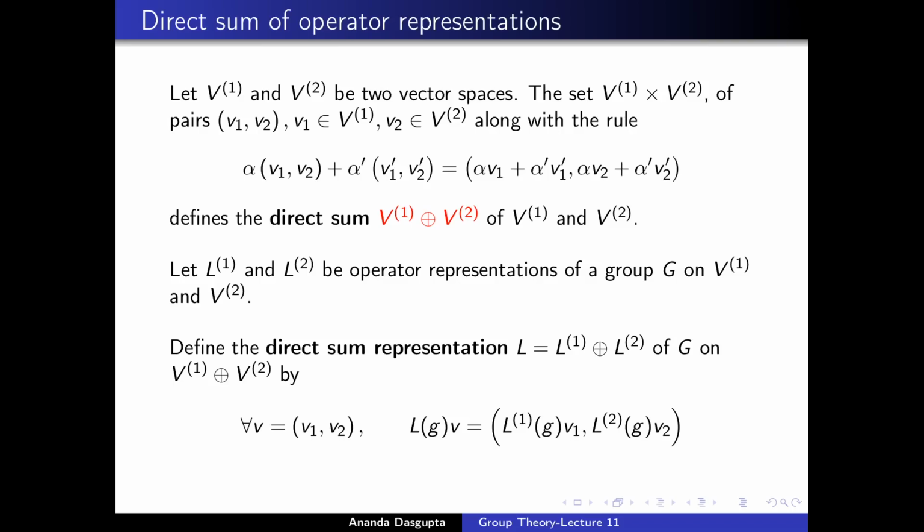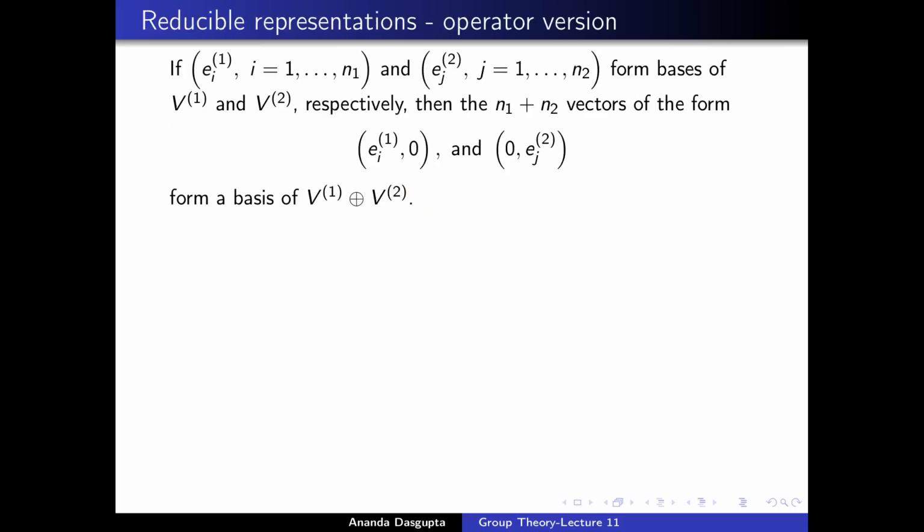And given bases on the two individual vector spaces, there is an obvious choice of basis for the direct sum space. If e_i^1, with i running from 1, 2, 3, 4 up to n1, and e_j^2, with j running from 1, 2, 3 up to n2, form bases of V1 and V2 respectively, then a natural choice of basis for V1 direct sum with V2 are the vectors of the form where, of course, being vectors of V1 direct sum V2, they have to be pairs, the first vector coming from capital V1 and the second one coming from capital V2.